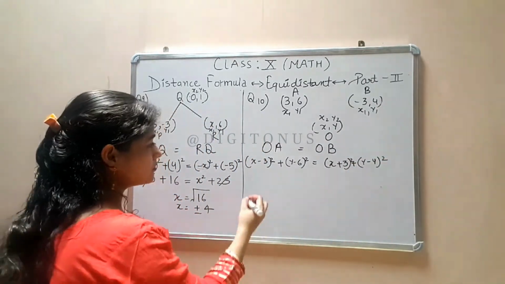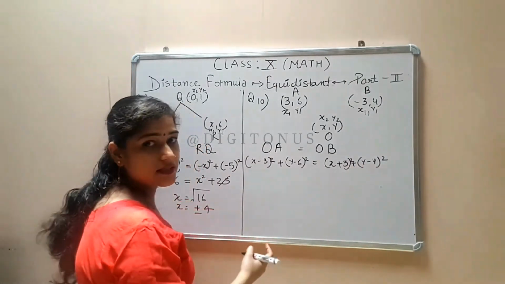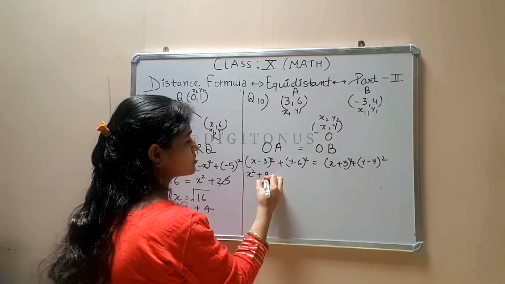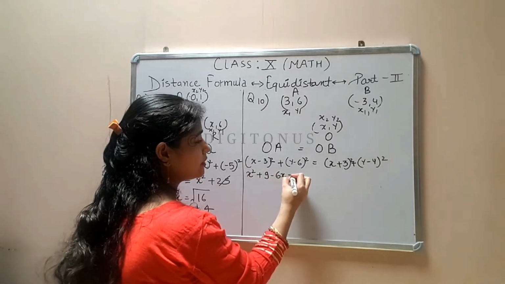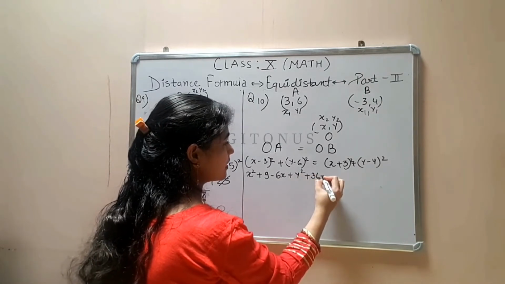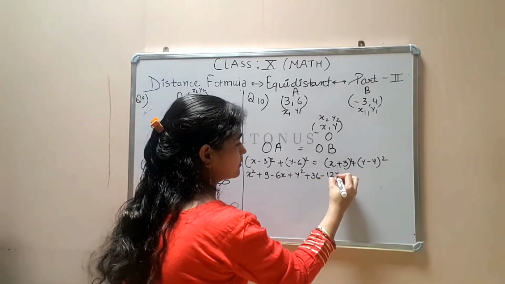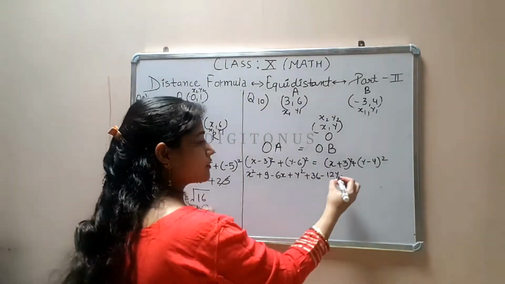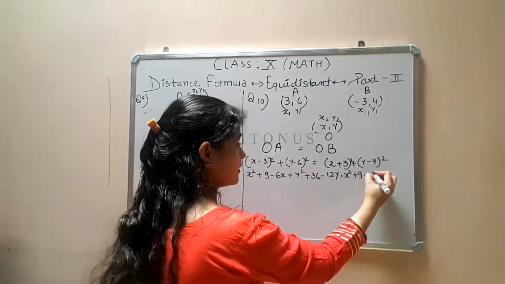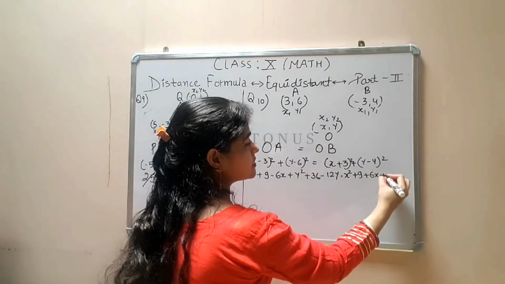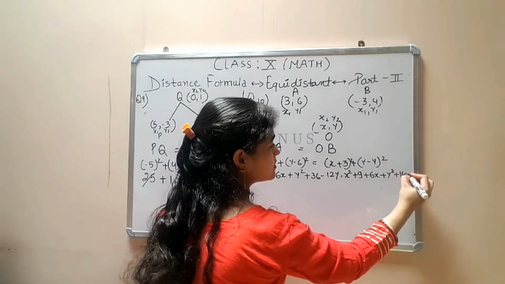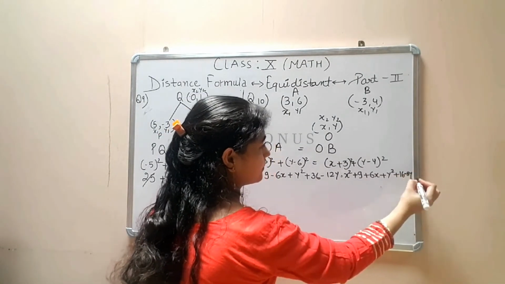Is it clear? Now apply the identity in these: a minus b or a plus b. So a square plus b square minus 2ab, plus a square plus b square minus 2ab, and this side also a square plus b square plus 2ab, plus a square plus b square minus 2ab.